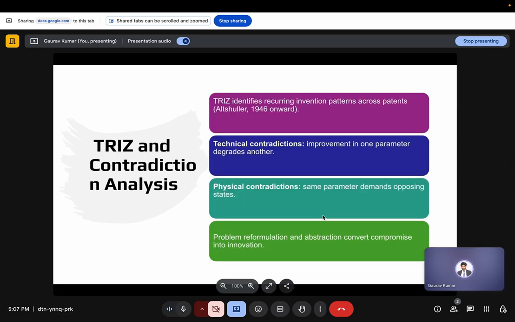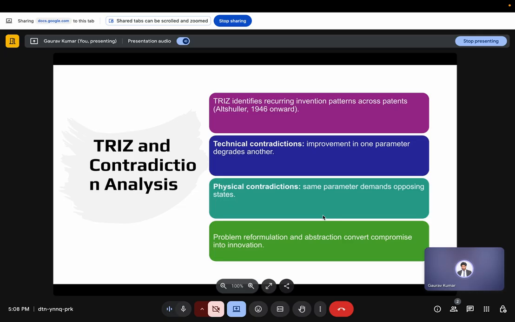So TRIZ and contradictions analysis. The TRIZ methodology, developed by Genrich Altshuller in the mid 20th century, was derived from studying hundreds of thousands of patents to uncover recurring inventive patterns.